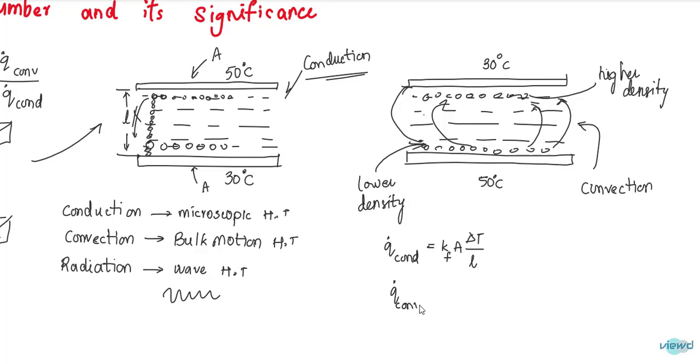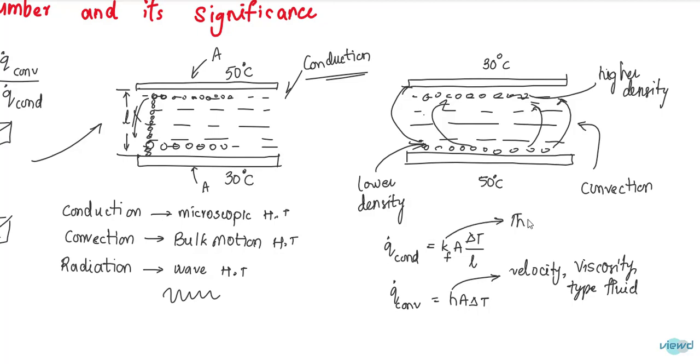And Q convection is equal to H A into delta T. This H is the convective heat transfer coefficient, which depends on the velocity of the fluid, viscosity of the fluid, and type of fluid. So on all this the H value depends, and K is the thermal conductivity.